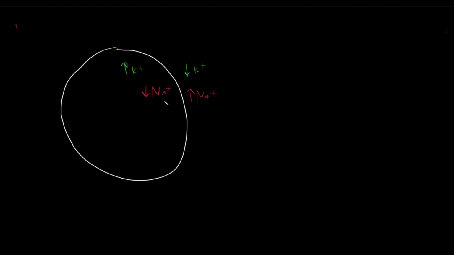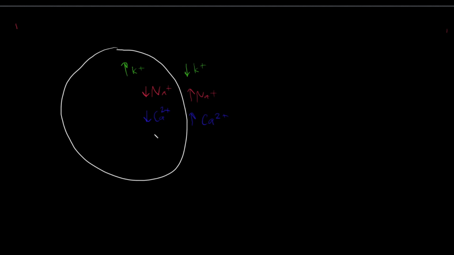For calcium, we'll do the blue, same thing, but these are just relative to each other. In all reality, there is an incredibly, that's 2 plus, there's an incredibly higher amount of calcium outside the cell relative to inside the cell.